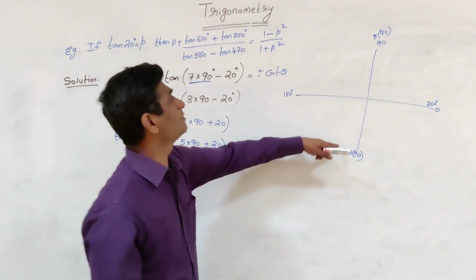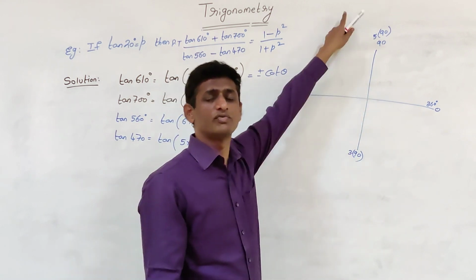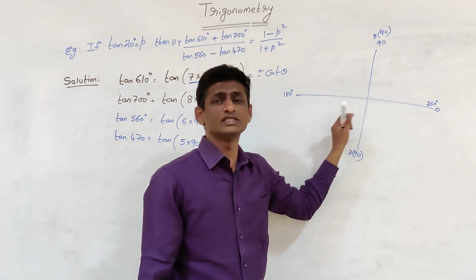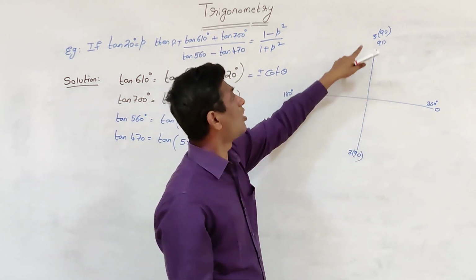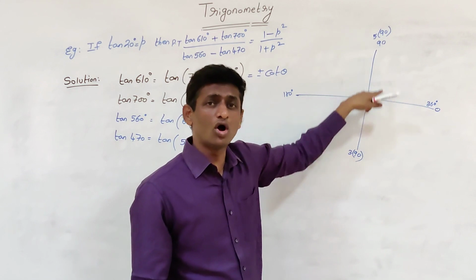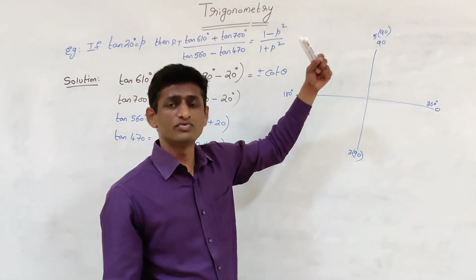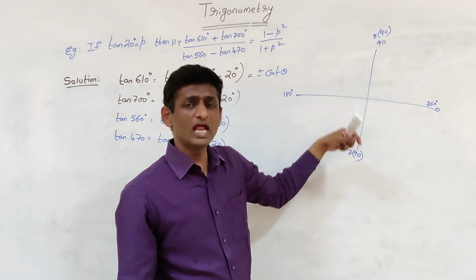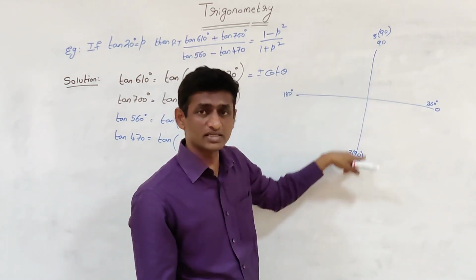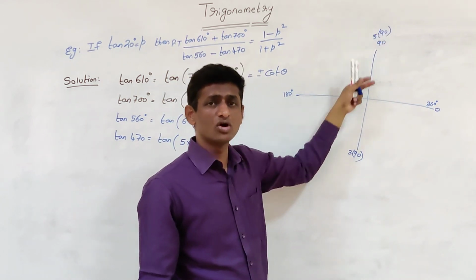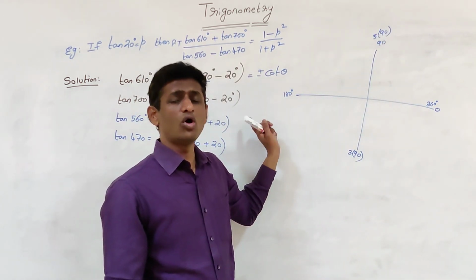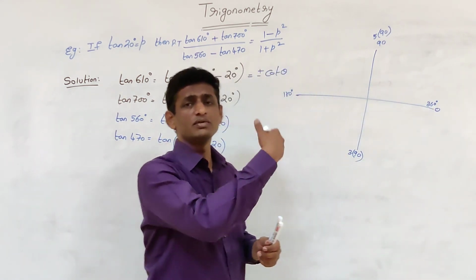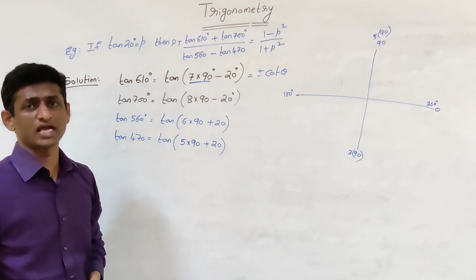So odd multiples of 90 will lie on the y-axis and even multiples of 90 degrees will lie on the x-axis. Remember this: odd multiples of 90, that is 1, 3, 5, 7, 9, will lie on the y-axis, either the positive or the negative y-axis. And all even multiples of 90 will lie on the x-axis, either the positive or the negative x-axis.